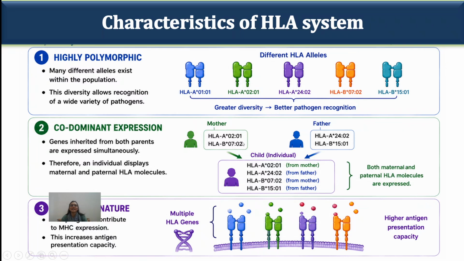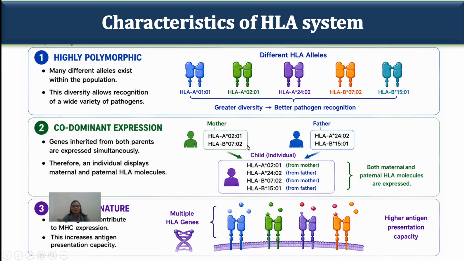When we talk about the characteristics of human leukocyte antigen, they are highly polymorphic. You can see here it has greater diversity, so it can recognize more pathogens and display them to the T cell. The second characteristic is co-dominant expression. It means genes are inherited from both the father as well as the mother, so they are expressed simultaneously in the offspring, that means the child.